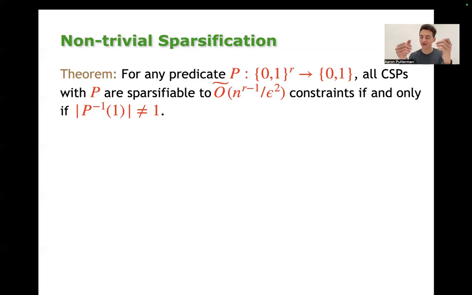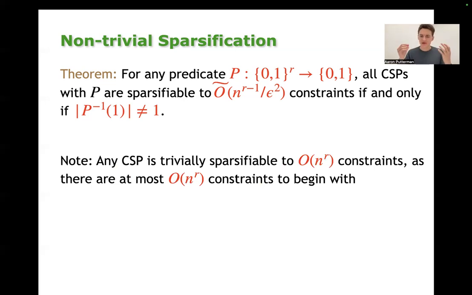Essentially, if there are no satisfying assignments, if magnitude P inverse 1 equals 0, then it's always unsatisfying, and so any sparsifier is trivial. So the way to interpret this is that you need at least 2 satisfying assignments in order to get any kind of sparsification.